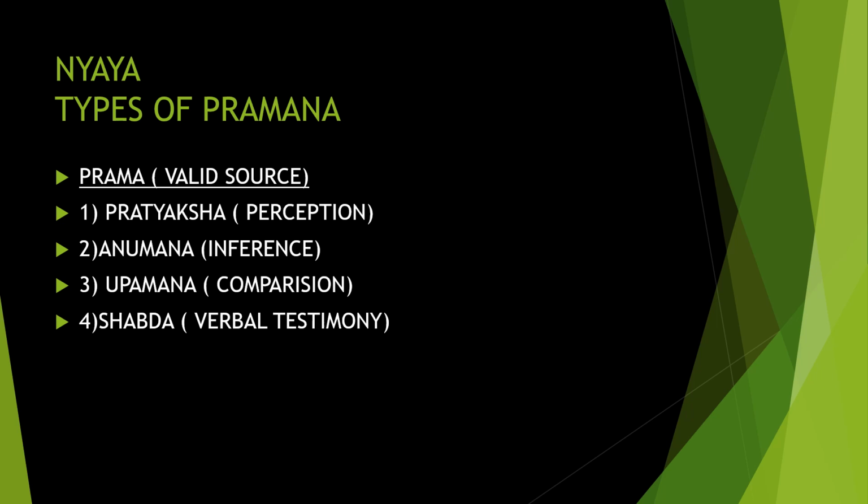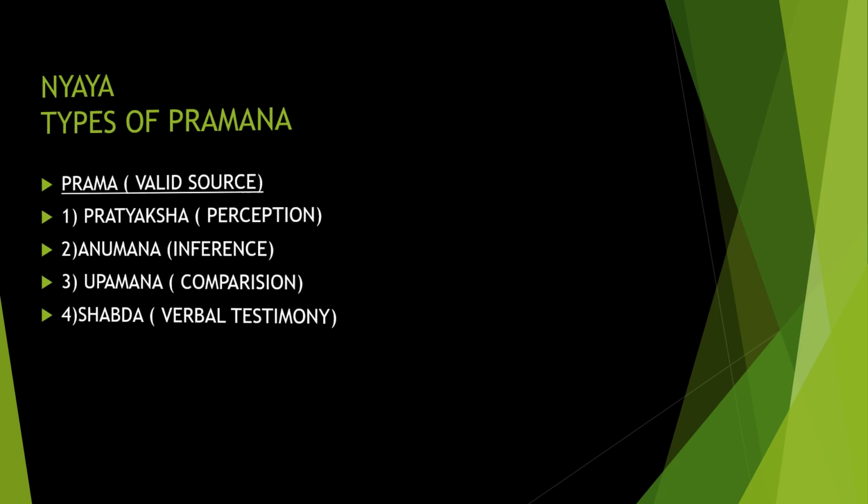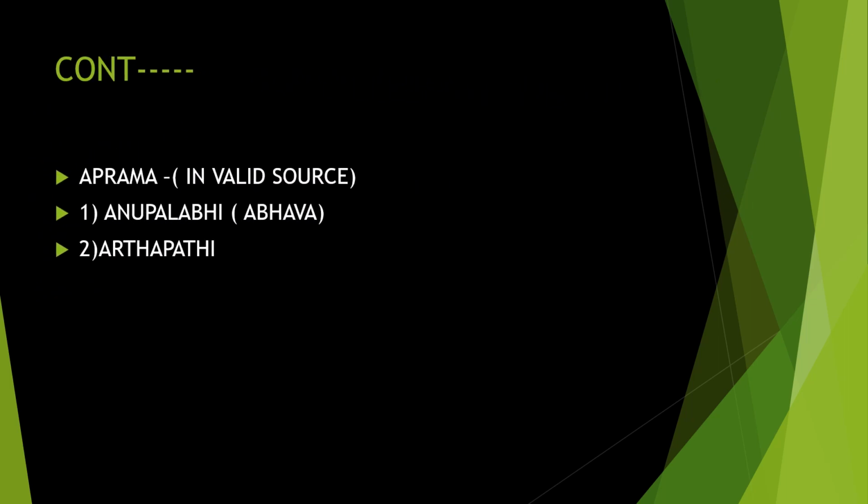They are valid sources, and there are two invalid sources. Aprama, or invalid source, has two types: Anupalapti and Arthapati. Without seeing a person or something, we are getting to a conclusion, and that is what we call Anupalapti and Arthapati.